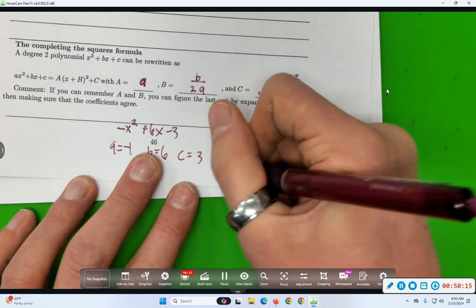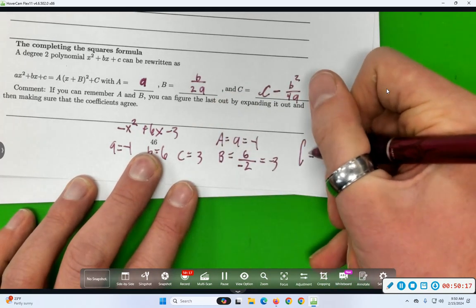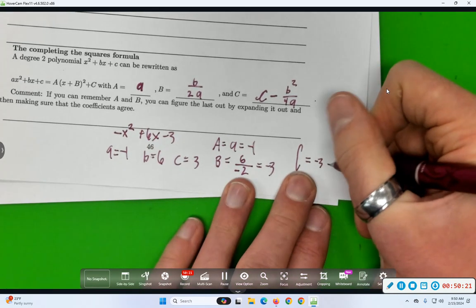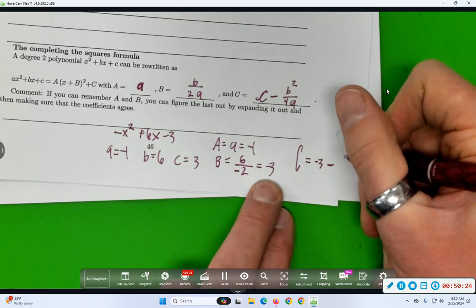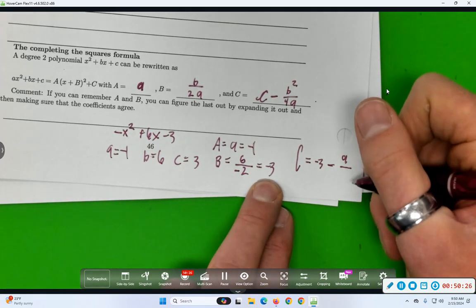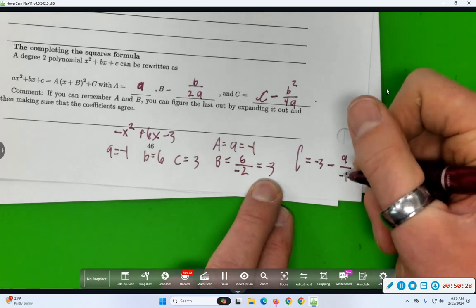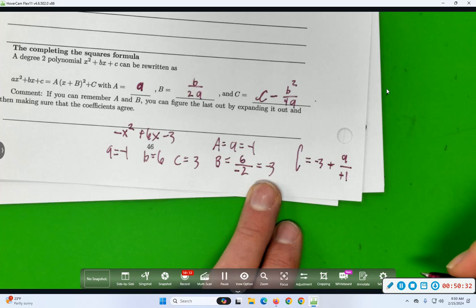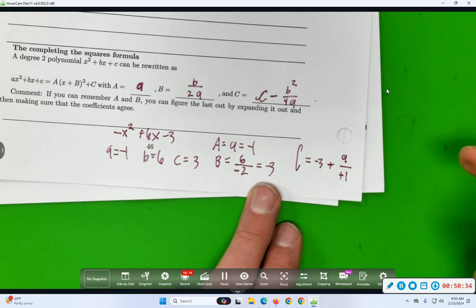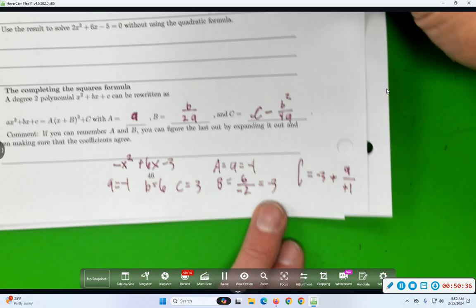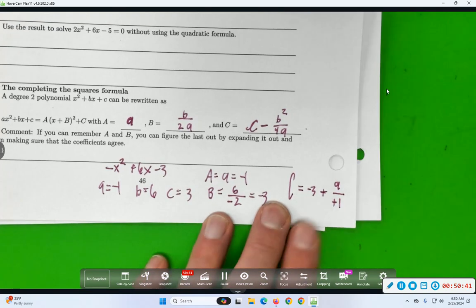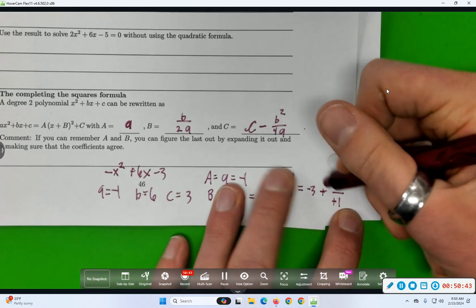And big C is equal to little c, so -3, minus b squared, 9, over a, -1. So that's -3 plus 9. Yeah, 6. Okay, cool. C is minus b squared over 4a is what you wrote there, so wouldn't that be -4?